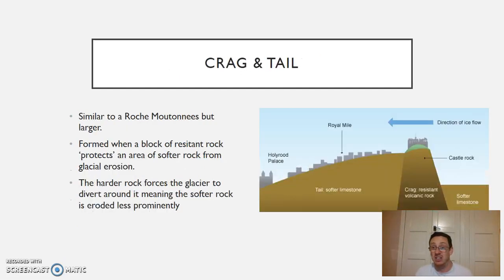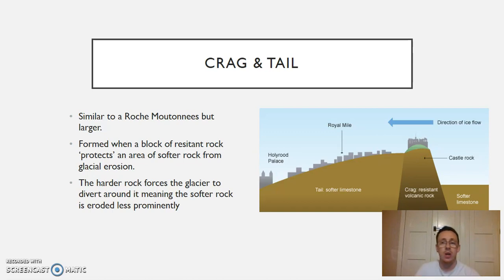Next, crag and tail. It's very similar to roches moutonnées, but a lot larger, and they work in the opposite direction, in that the upstream side of a crag and tail is the steep side, and then we've got the much gentler side, which is the downstream side. This is much bigger, and it forms where a glacier that's moving down a valley hits a really big block of hard rock and has to go around it.